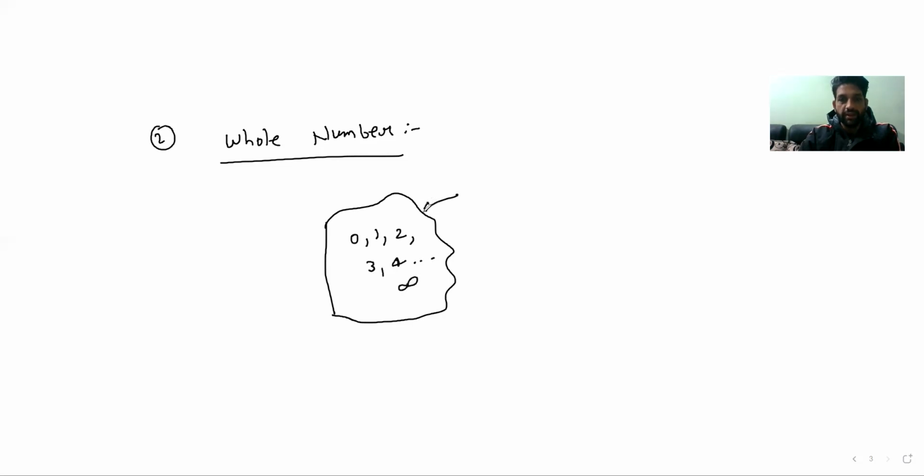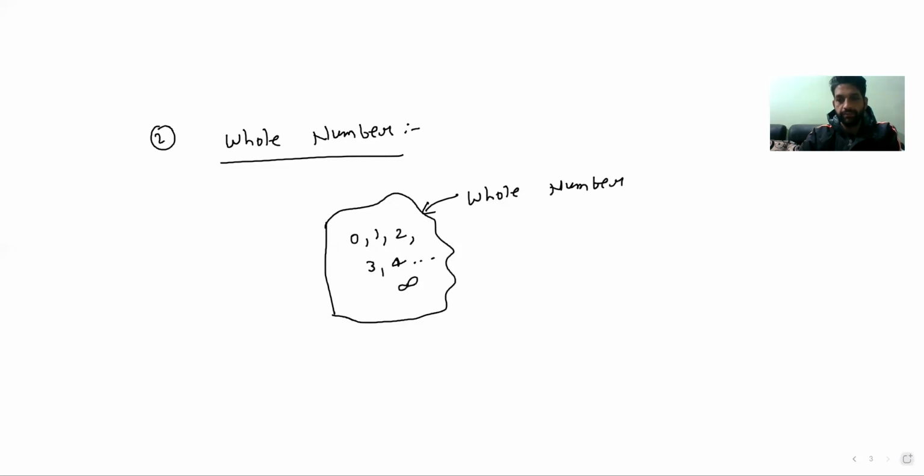So this collection of numbers is called whole numbers. If we add 0 to the natural numbers, we call the collection of these numbers the whole numbers.